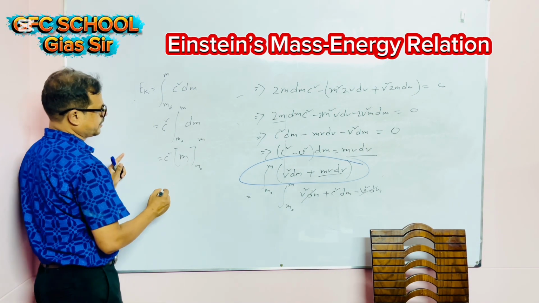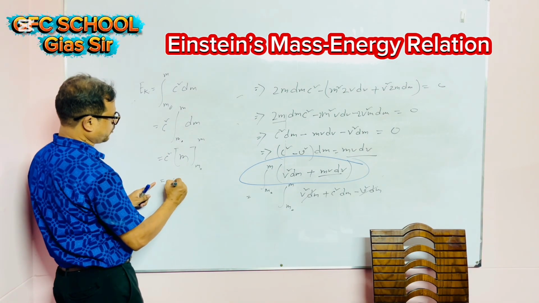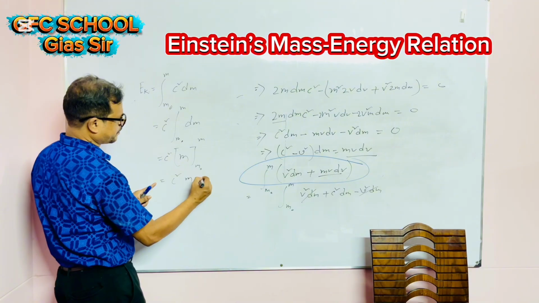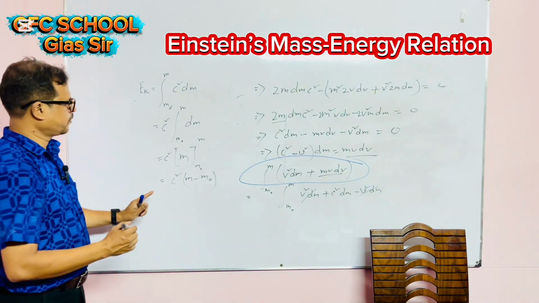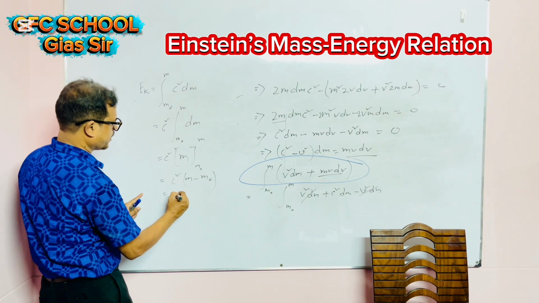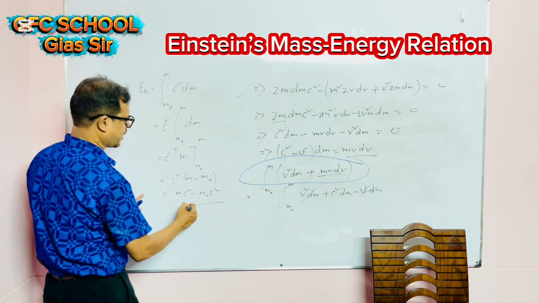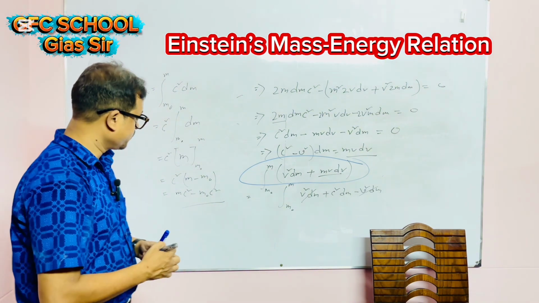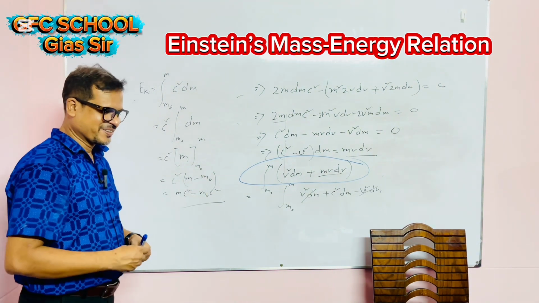From the formula of integration we know c squared times m minus m naught, with the minus sign from the formula. That means m c squared minus m naught c squared. What is that? We've got m c squared minus m naught c squared.